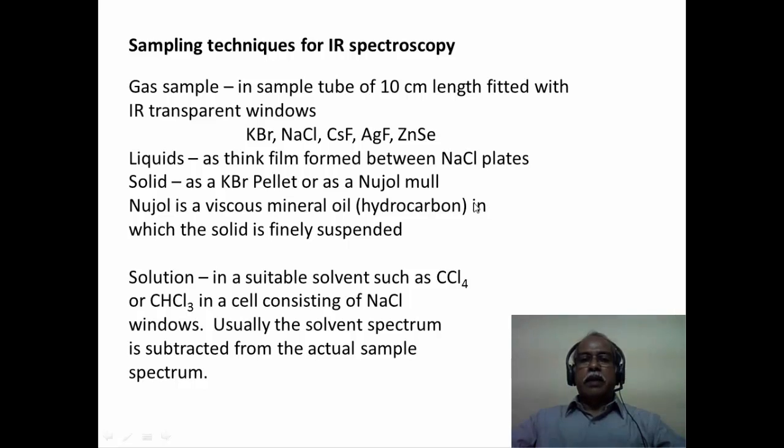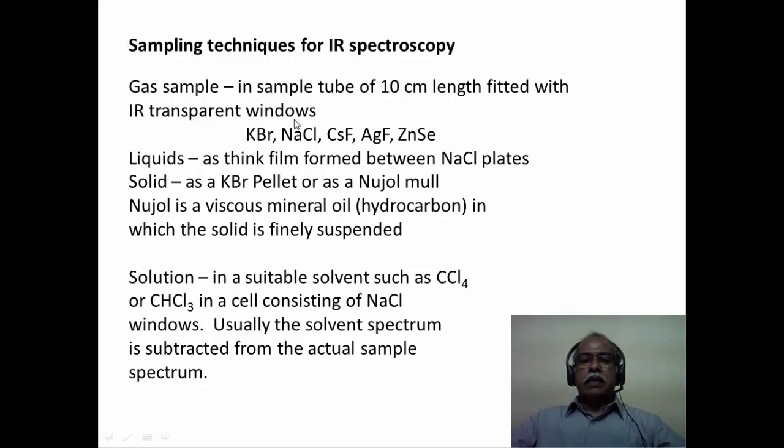Sampling technique is extremely important in infrared spectroscopy because many glass vessels or quartz vessels absorb the infrared radiation. So one cannot use glass or quartz vessels for infrared radiation. One has to use vessels made of materials which do not absorb, or predominantly do not absorb, the infrared radiation.